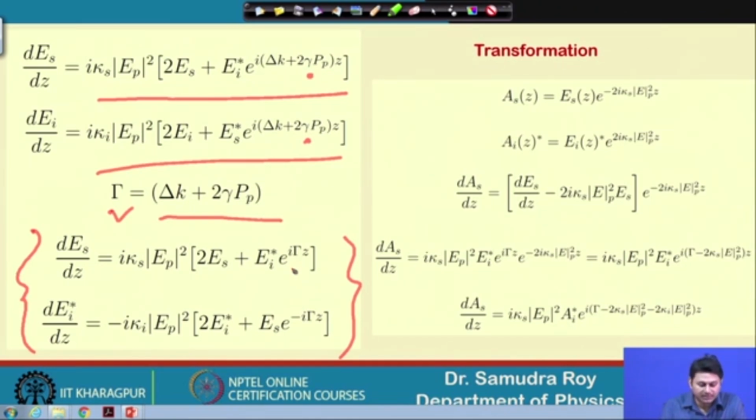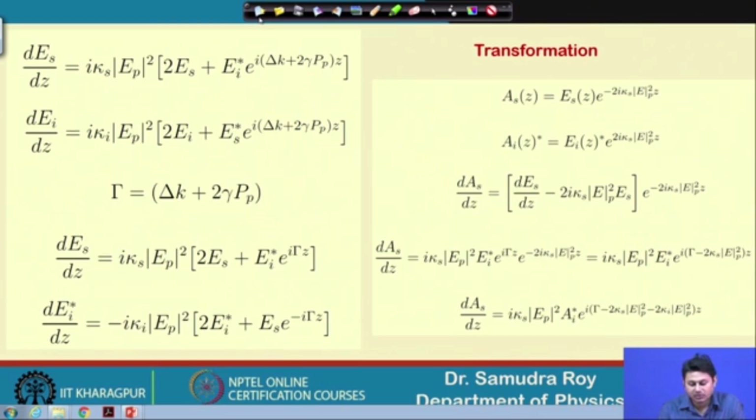So, in order to solve these coupled equations, we are going to use some sort of transformation. The transformation is that I write two new variables, AS(z) and AI(z) star. Why do I take AI(z) star? Because in those two coupled equations you can see that in one case it is ES, but in another case it is EI star.